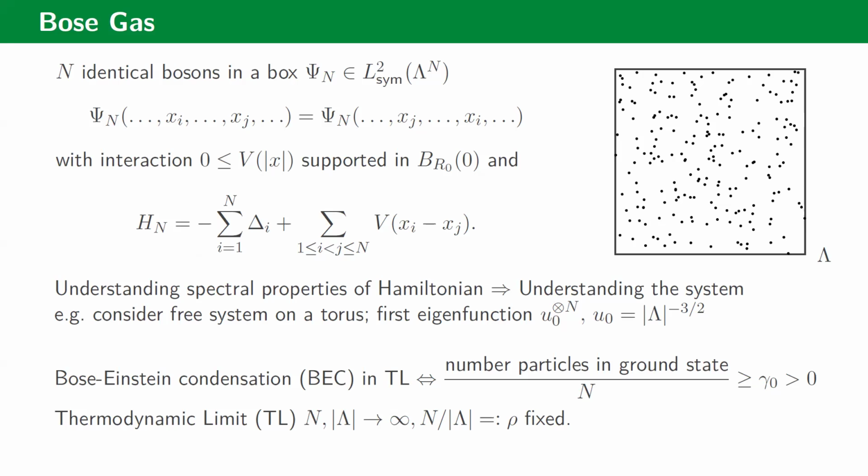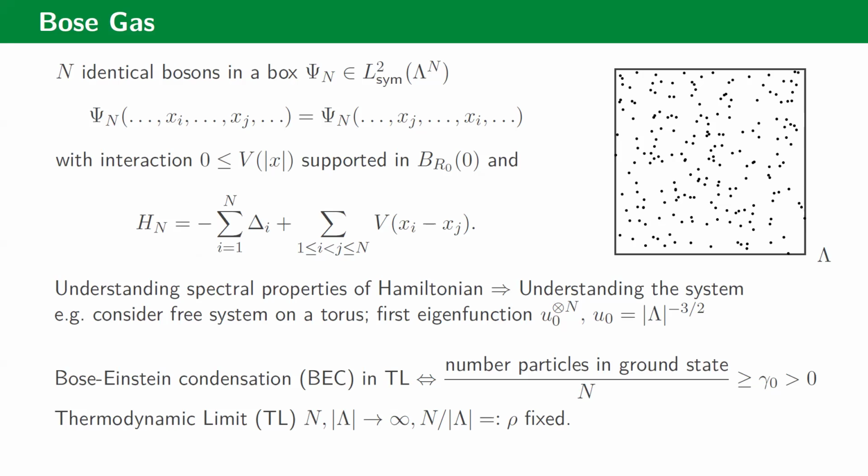If this is always positive, even in the thermodynamic limit, which is the limit where you take the box size and the number of particles to infinity while keeping the density fixed, if there's a uniform lower bound, then we call this Bose-Einstein condensation. In the free system, it's not a hard proof, so you can easily follow the papers and check that this is true. But it was merely believed to be a theoretical observation, right?